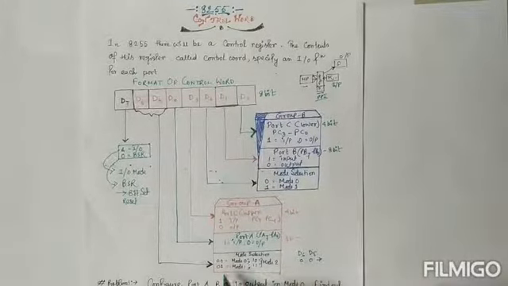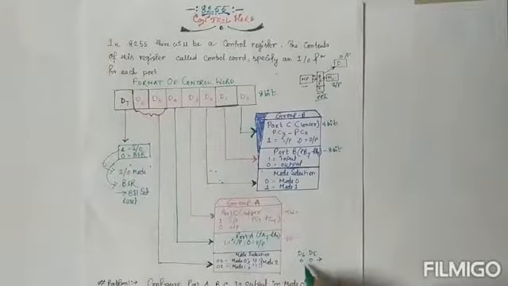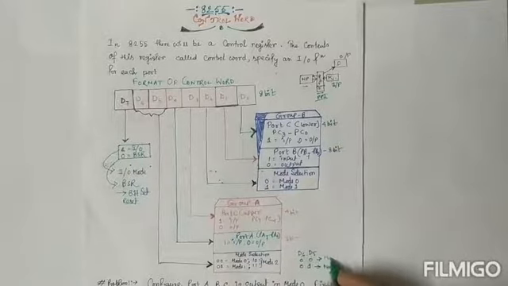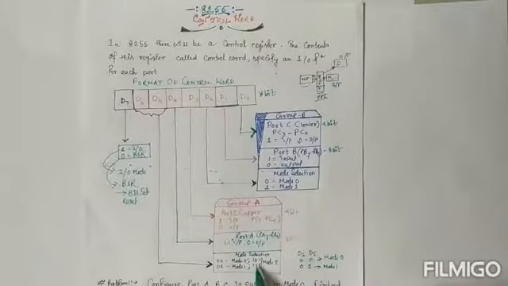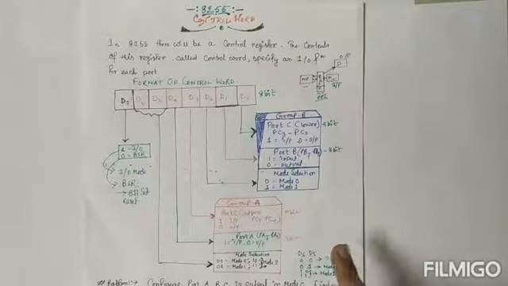If they are 0, 1, then it indicates mode 1. If either 1, 0 or 1, 1, these two combinations indicate mode 2. The modes of the 8255 were already discussed in the previous session.